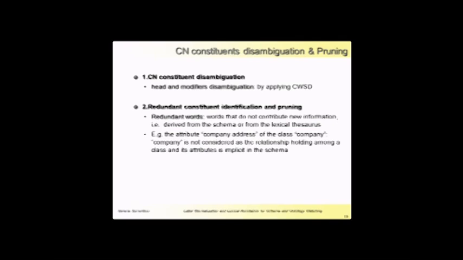For example, it's common practice in relational schemata to report the name of a class in the name of its attribute. For example, the class company may have as attributes company name, company address, and so on. As a consequence, the modifier company, in this case, will be a redundant word.